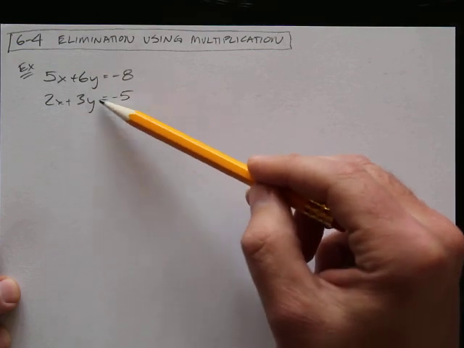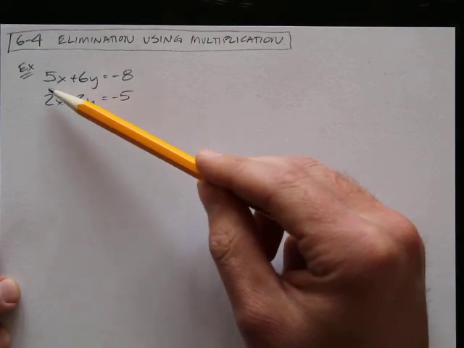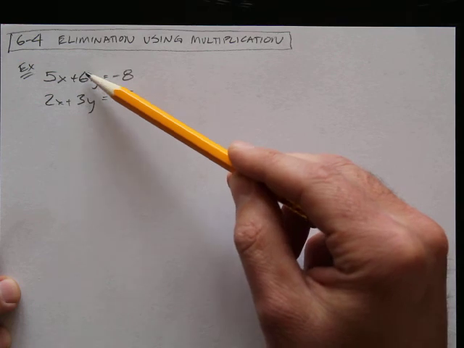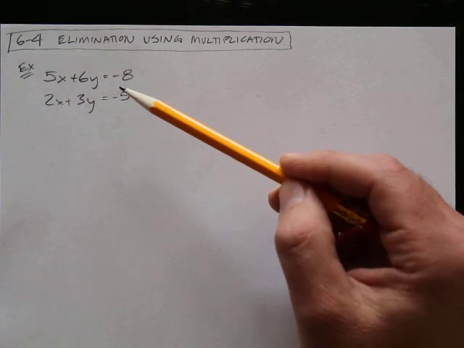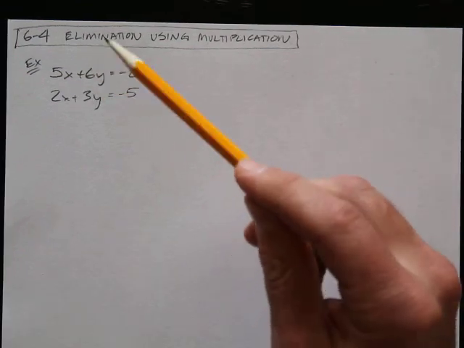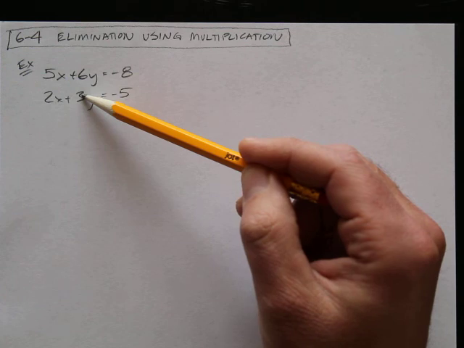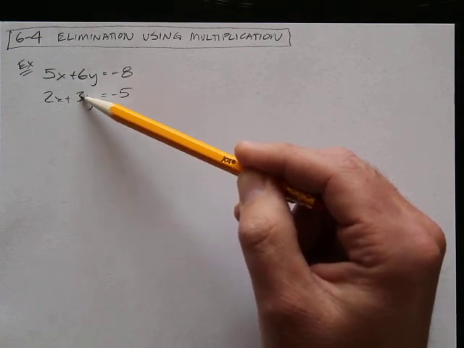What I need to do here is look at these and see, is there something I can multiply by one of these in order to make it so I can eliminate one of these variables? I want to get one of these variables out of here. When I look at these, I see that 3 goes into 6 2 times.